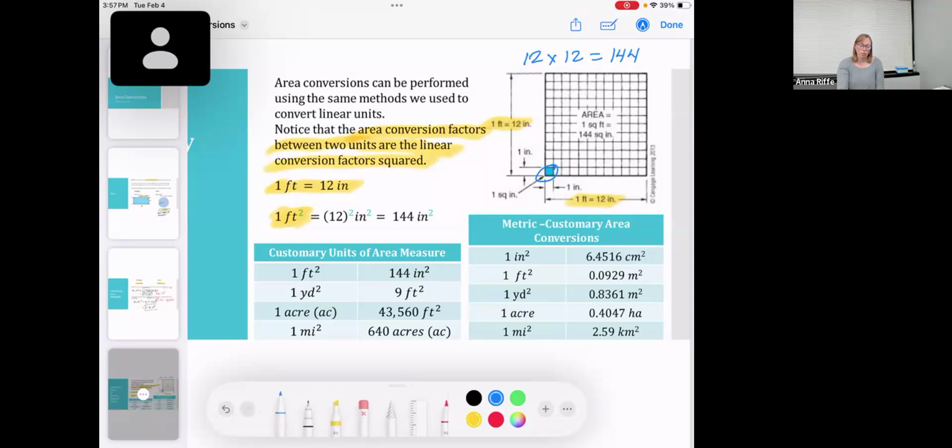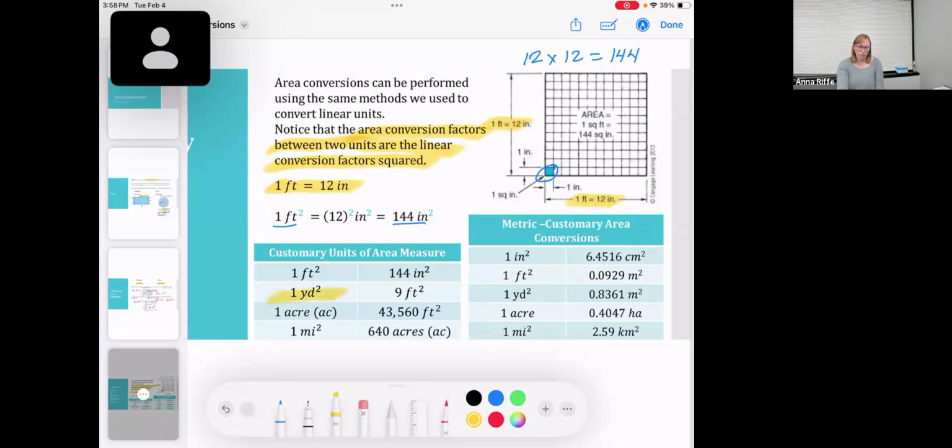So if I want to figure out what is equivalent to 1 square foot, I could take 12 squared, or 12 times 12. I know that 1 foot is equal to 12 inches. And I will get 144 square inches. So same types of factors that we've been working with before, only we square both sides of that linear conversion. And we can see that below.